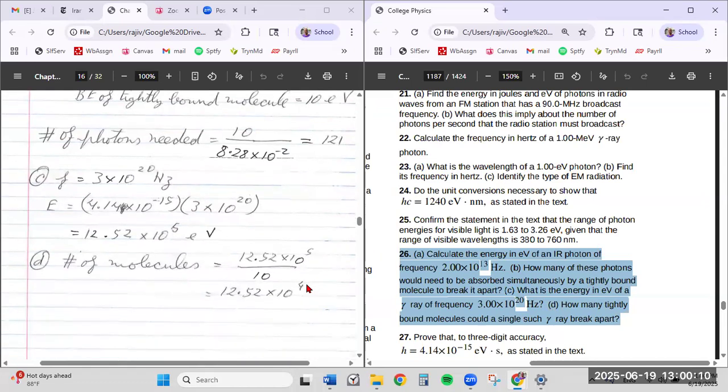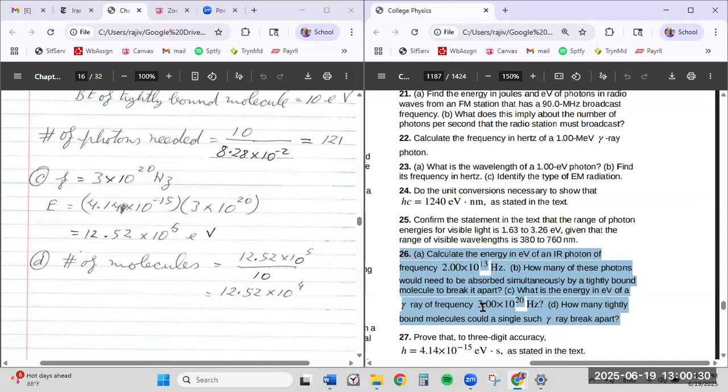And then when you divide that by 10, that gives you the number of molecules that a single gamma ray photon can break apart.